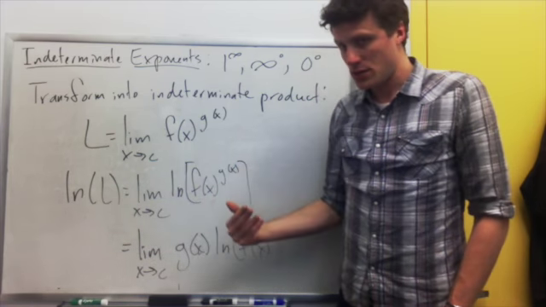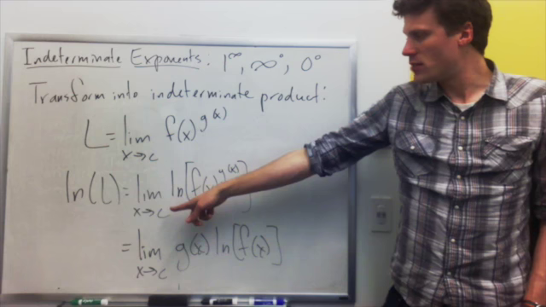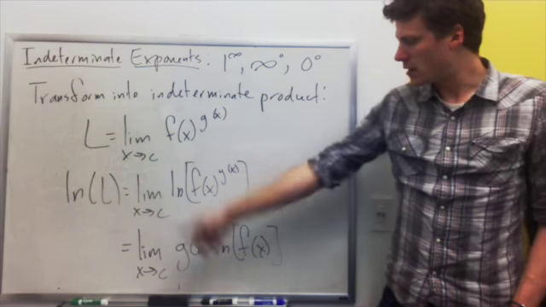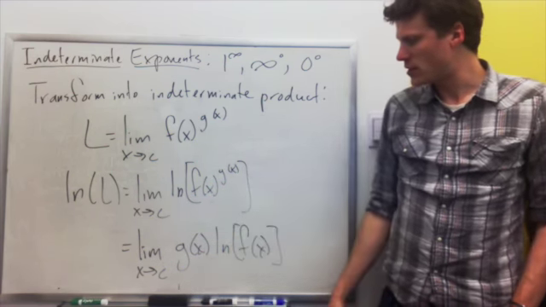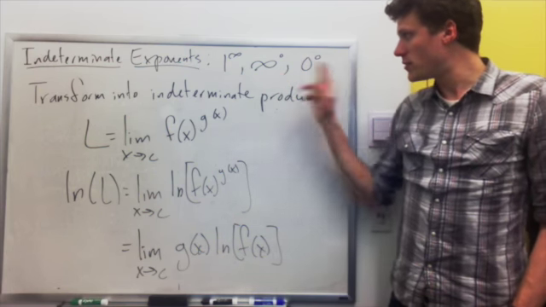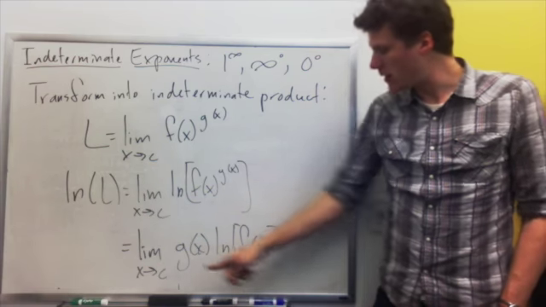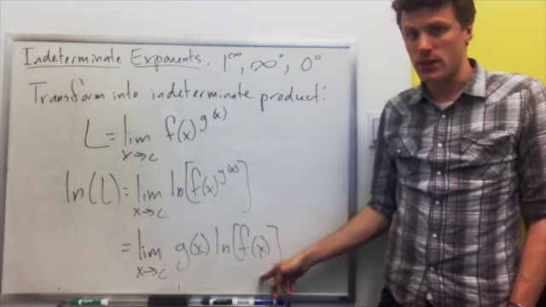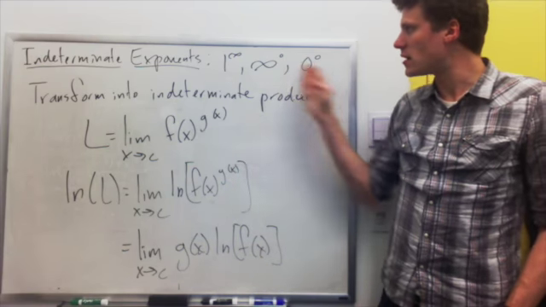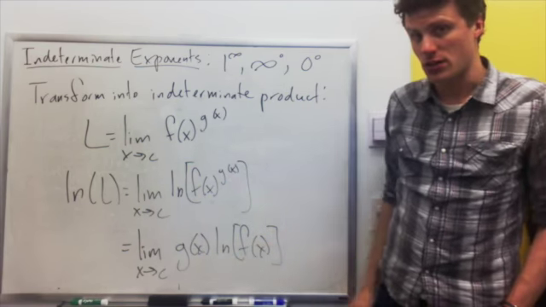Due to continuity of the natural logarithm, the natural log of L will be the limit as x goes to c of the natural log of f to the g. And I can pull the g out, so I have the limit as x goes to c of g times the natural log of f. You can check that for each of these three sorts of indeterminate exponents, this turns into an indeterminate product, infinity times 0 or 0 times infinity.